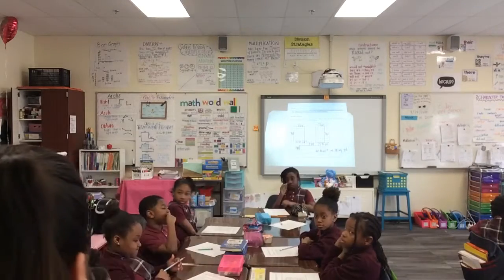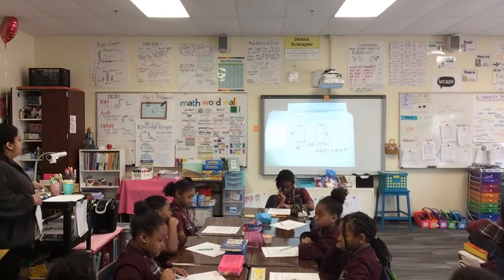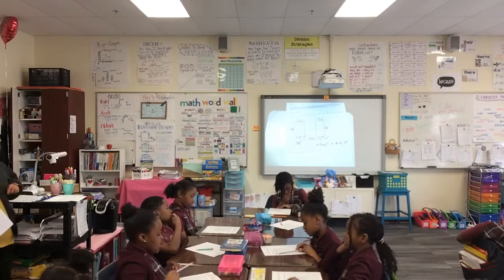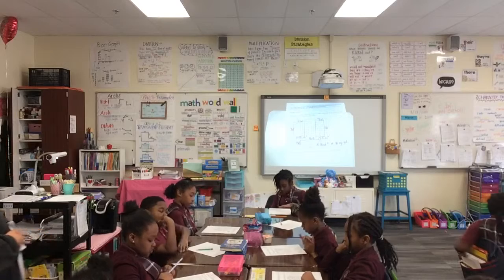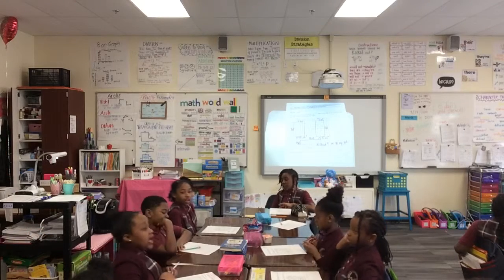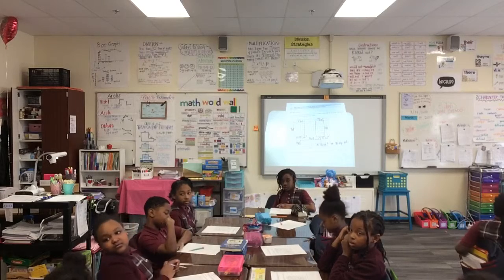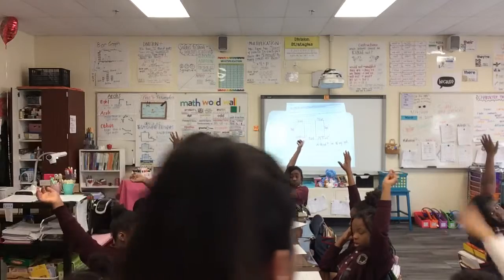So let's go back to the question. Everyone go to the question, please. Let's read it together. Ready and go. Which playpen gives the dog the most area to play in? Explain. So, which playpen gives the dog the most area to play in? How do you know?